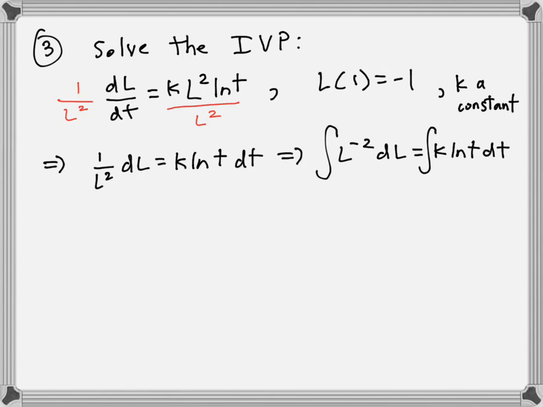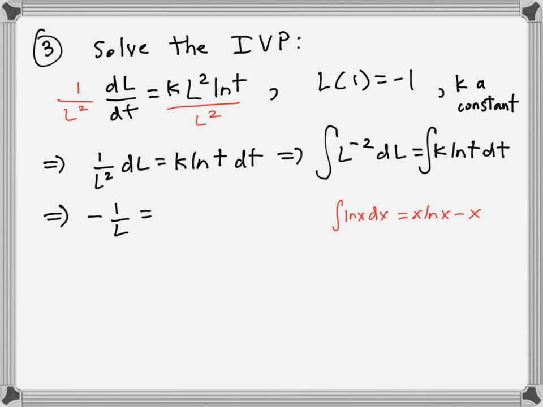What's the integral of the left side? Well, we need to use the power rule, right? The integral of L to the -2 gives us, remember, you add 1 to the exponent, that's L to the -1, and then you divide by -1. So you get -1 over L is equal to, how do you integrate the right side? Well, using integration by parts, let me remind you of a formula that we did. Using integration by parts, the integral of ln of x is equal to x ln of x minus x.